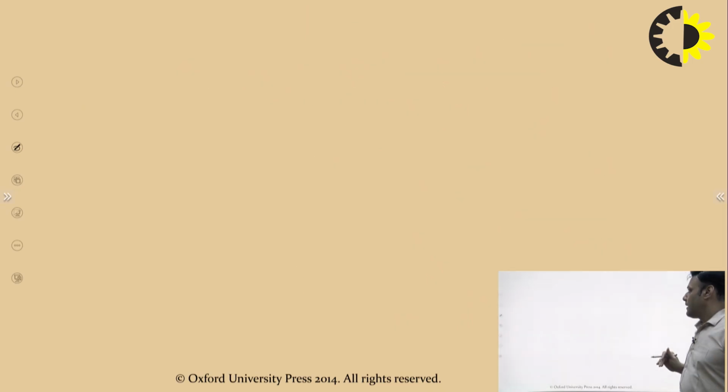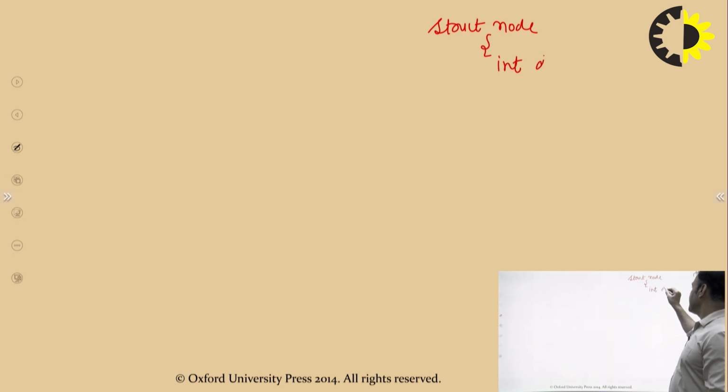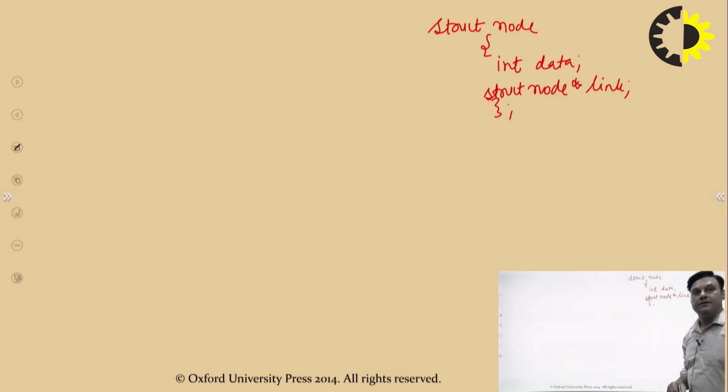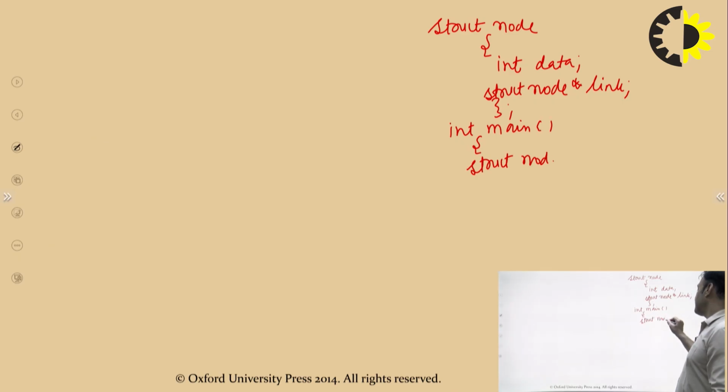Okay, so let me show you the practical implementation. I have told you how we define the node using this structure: struct node with int data, and second, the self-referential pointer, struct node *link. Right, students. Now, in our main function, I have declared a variable of this node type, for example struct node *p, and initially there is no node in our linked list, so I have put p equal to NULL.